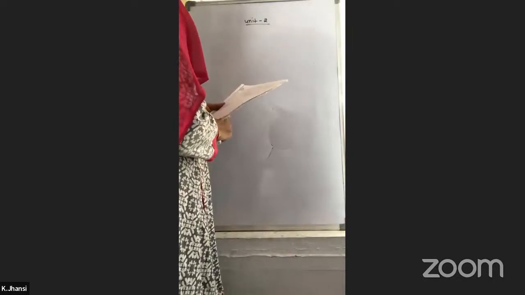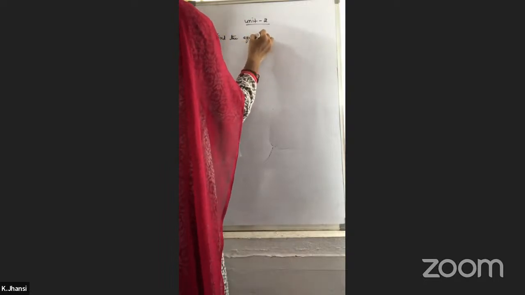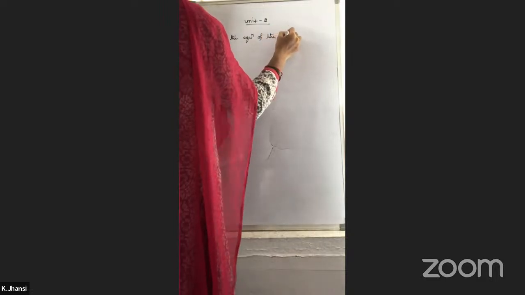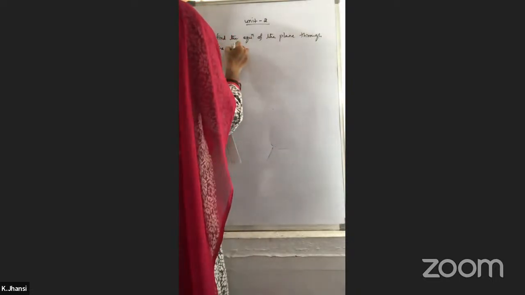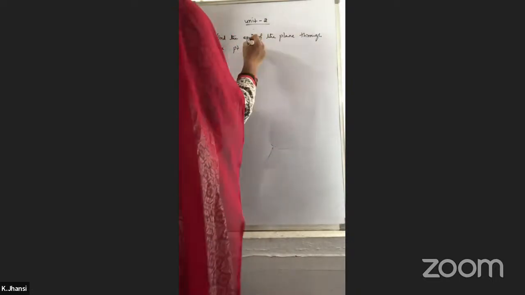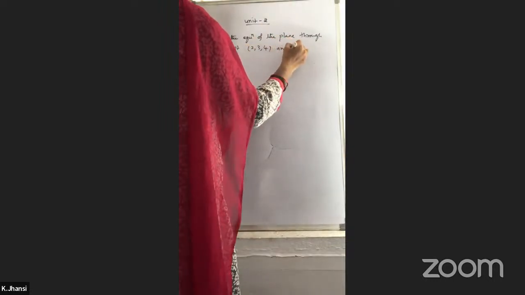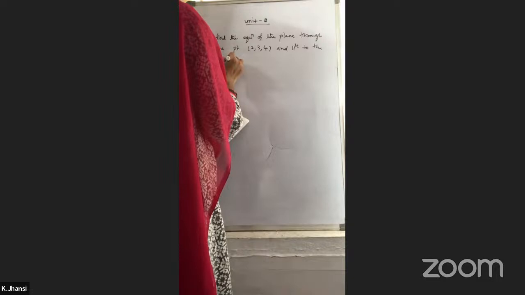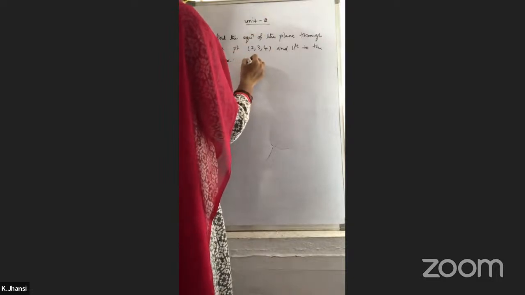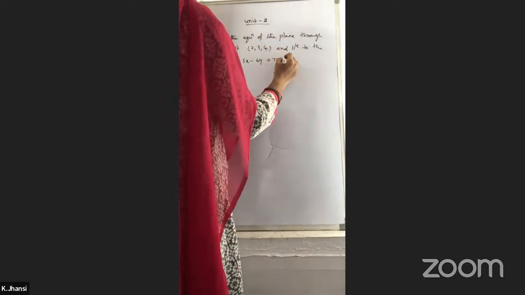Find the equation of the plane through the point (2, 3, 4) and parallel to the plane 5x minus 6y plus 7z equals 3.